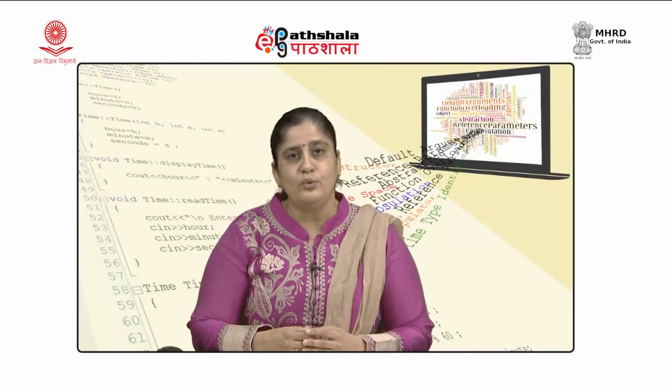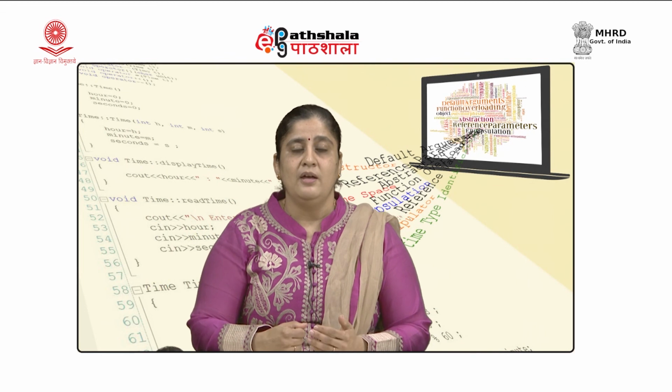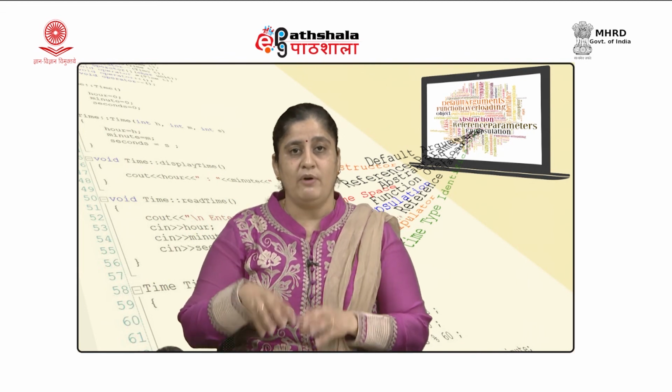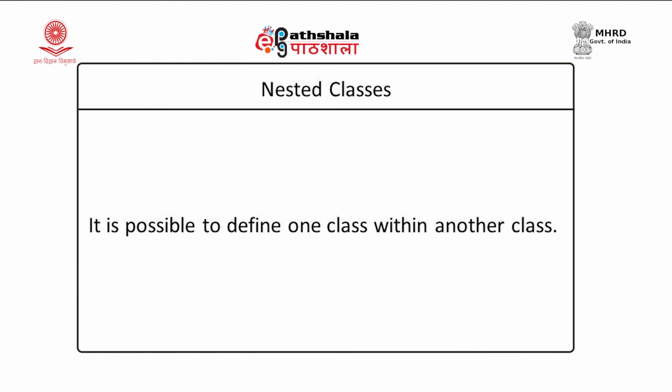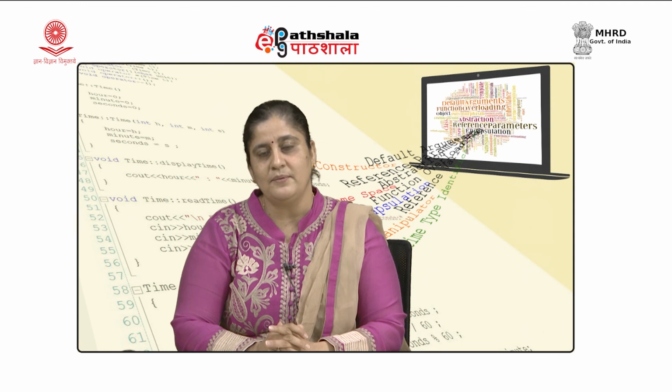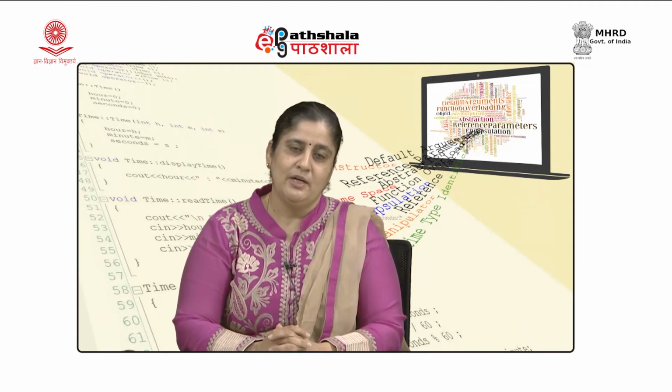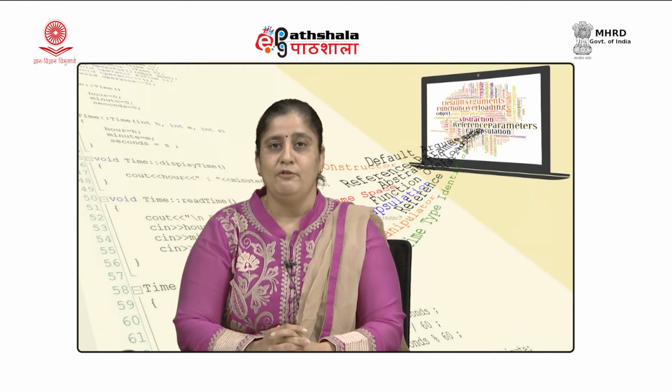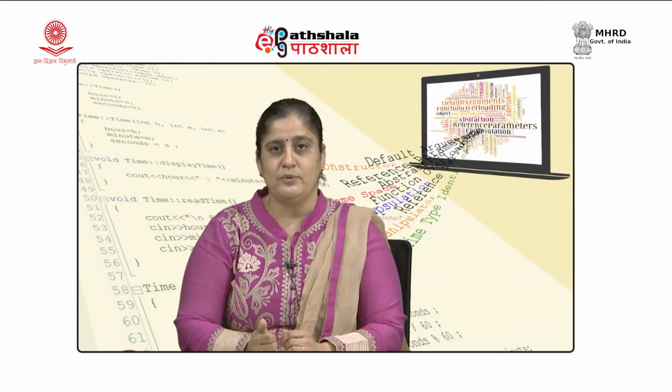And when we want to do so, sometimes we may want to define one class in another class, and once we do that, we call such classes nested classes. So, it is possible to define one class within another class, which we call the nested class. Now, when we want a class to be defined in another class, it may be possible that you have some data members which you want to define as an object of another class.